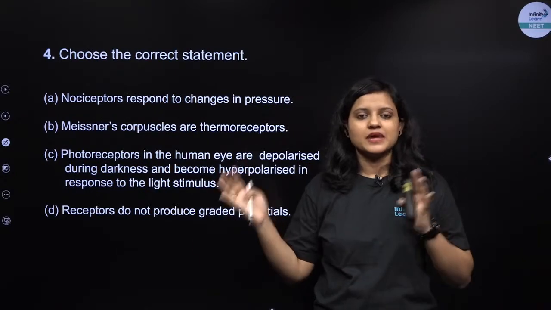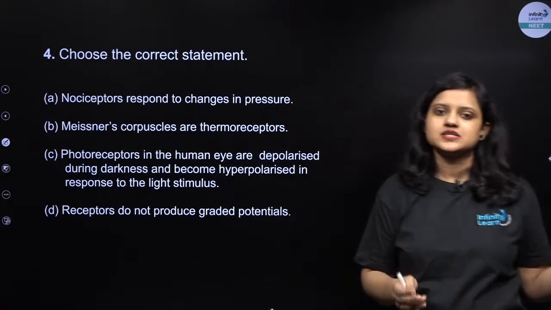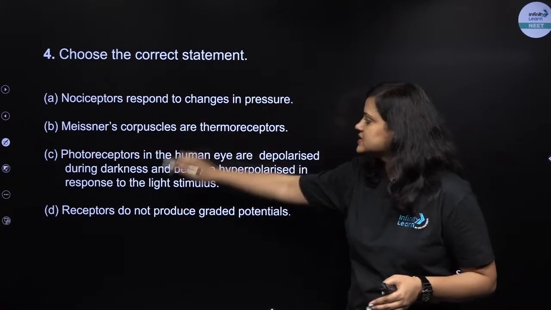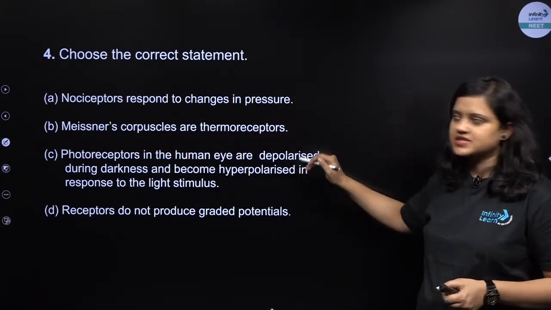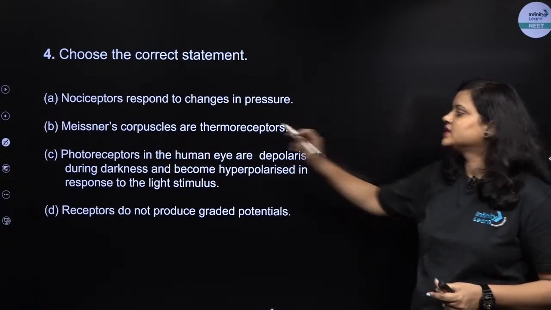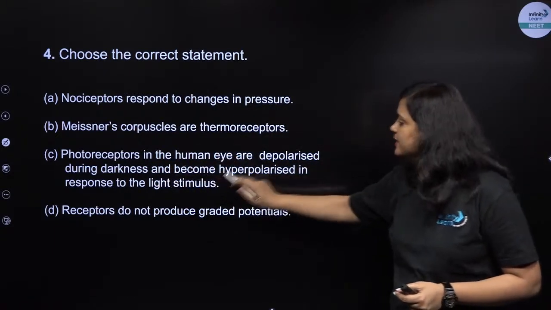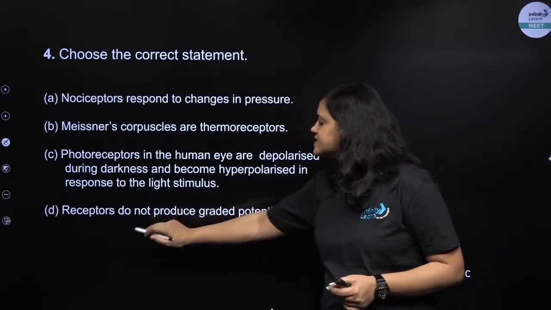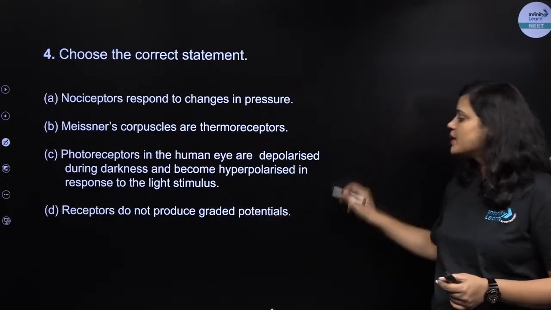Please don't do that. Many questions are asked from eyes, ears and other sense organs. Meissner's corpuscles are thermoreceptors. Photoreceptors in the human eye are depolarized during darkness and become hyperpolarized in response to the light stimuli. Receptors do not produce graded potential.